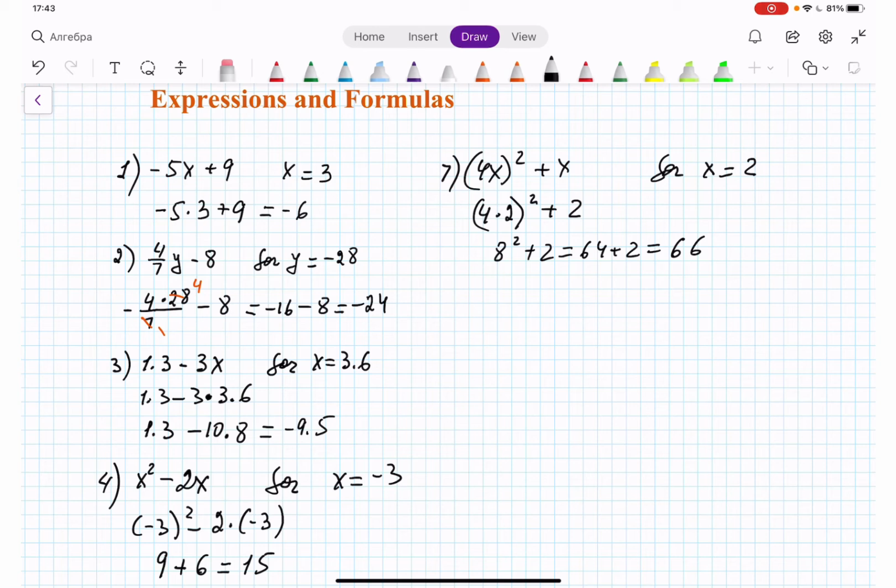Question number 8. Evaluate 5 minus negative x squared for x is equal negative 3. Okay.